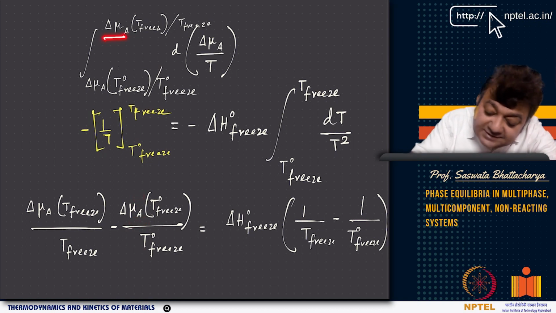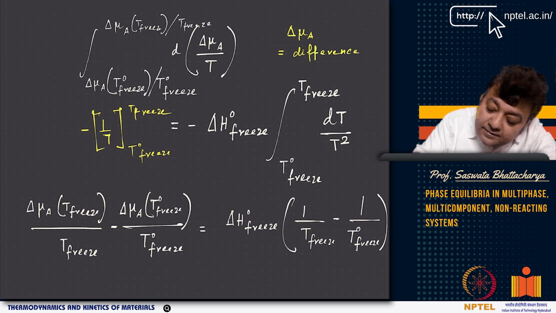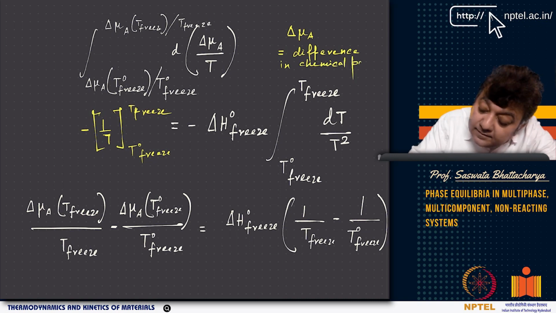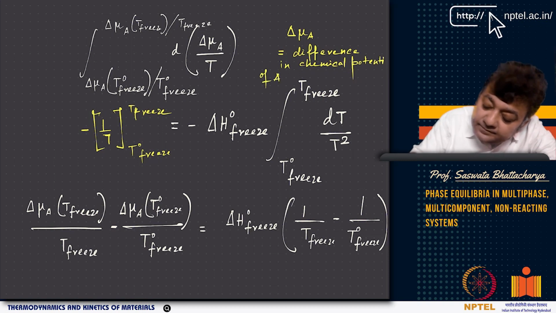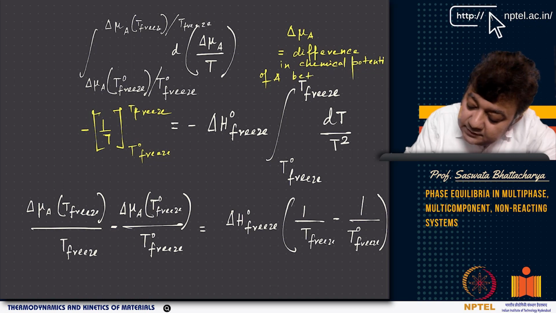That is the relative partial molar free energy of component A, or you can say it's the difference in chemical potential of component A between the solid solution and the liquid solution.